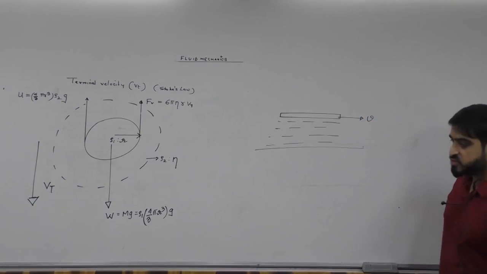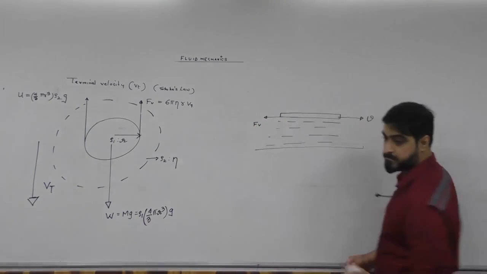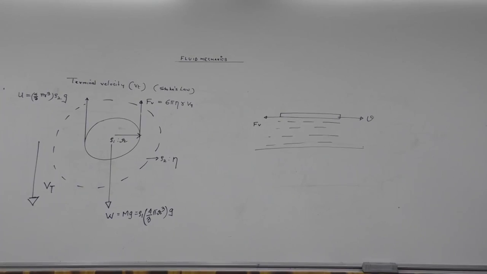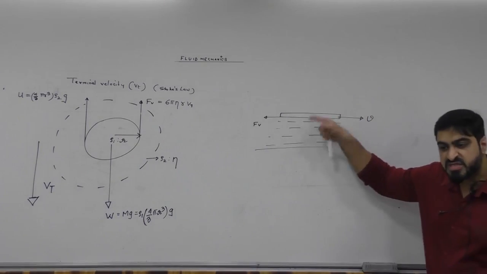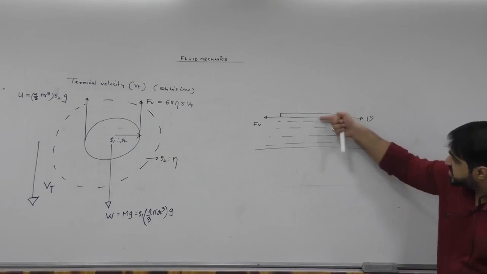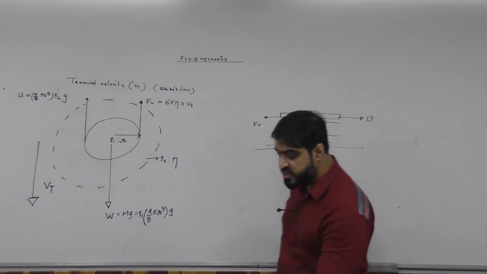चलो, this one. So Fe is going to act backwards now. And if I want to move with constant velocity, the net force should become 0. आप जितना लगाएंगे उतना ही यहाँ से आएगा. And what is the value of Fe? Eta A dV by dy. You get the answer directly.